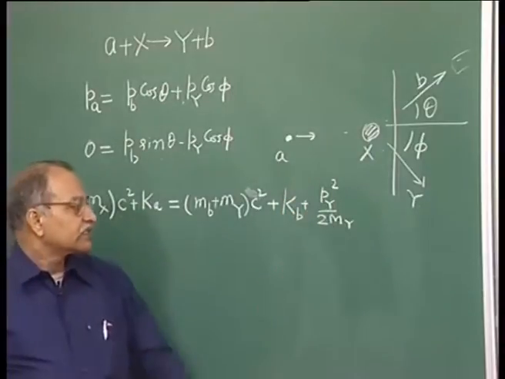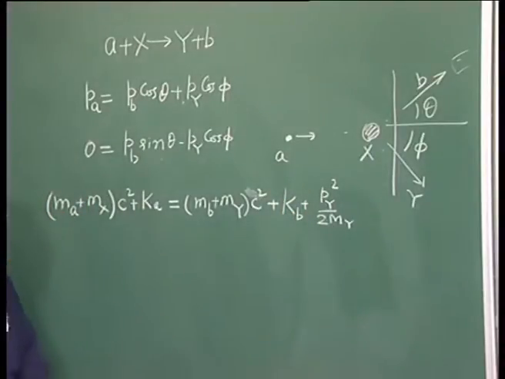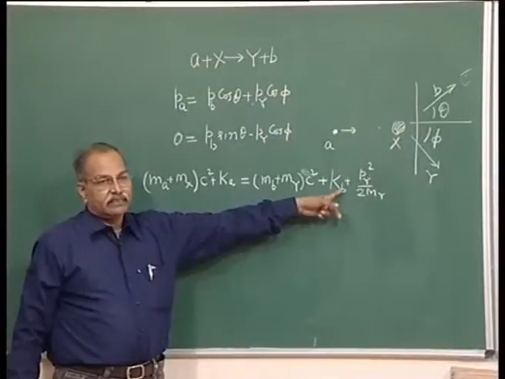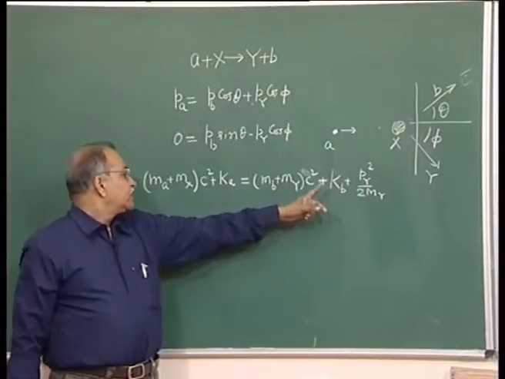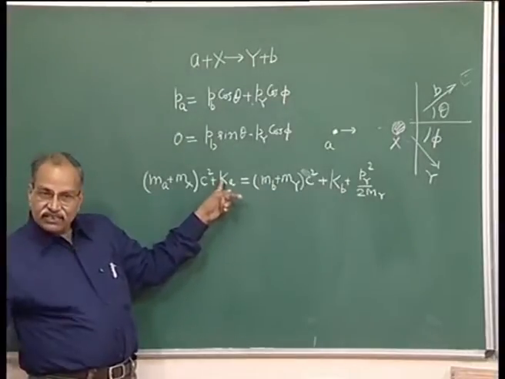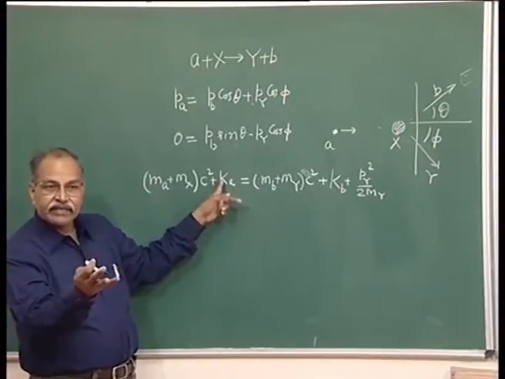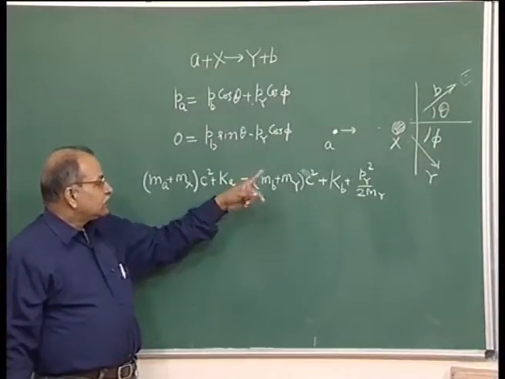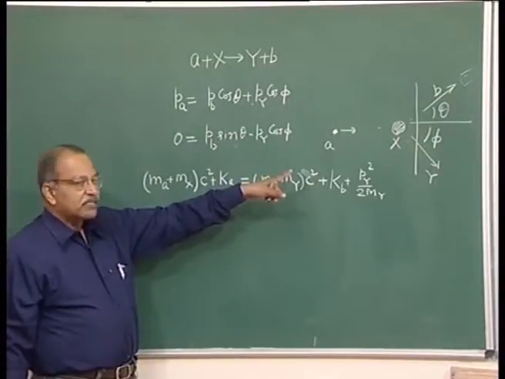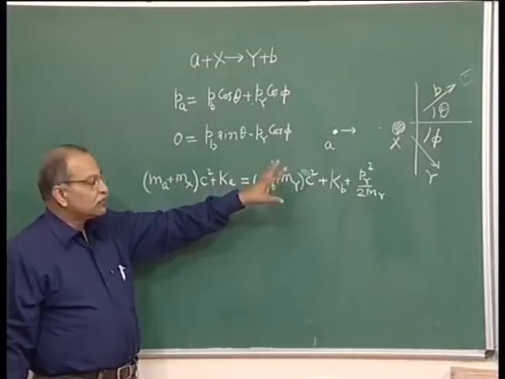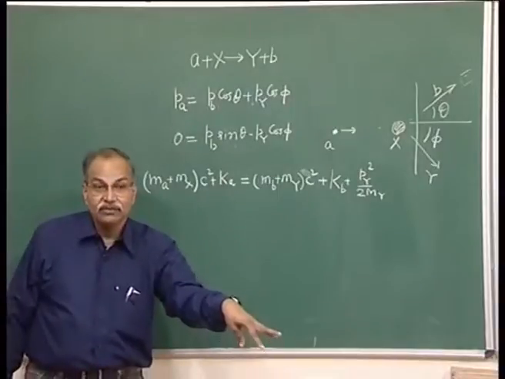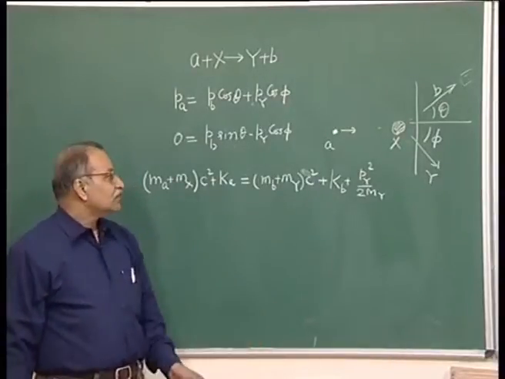So, this is the rest mass energy and the kinetic energy of particle B and kinetic energy of the recoiling product nucleus. I have written it in this form because this Kb we can measure in the detector, and Ka we have accelerated the particle A. So, that Ka is also known, but the product nucleus momentum, product nucleus kinetic energy, those things are not known. Phi is not known inside the target, that has gone into some direction. So, that we do not know.